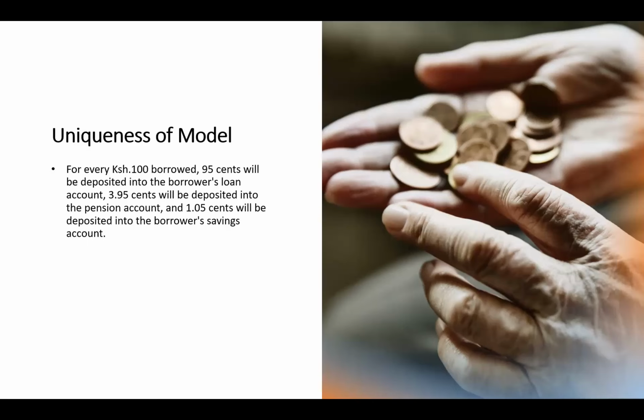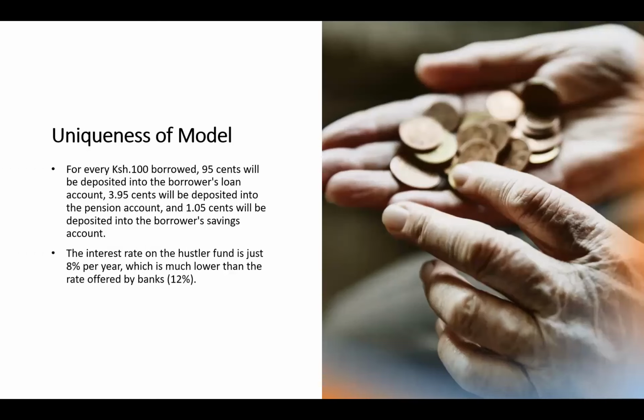So it is 95% that you are able to access to do your business. And the interest is also low, 8% per year, which is lower than the rate offered by many banks.